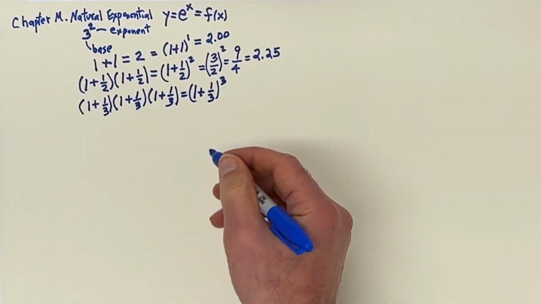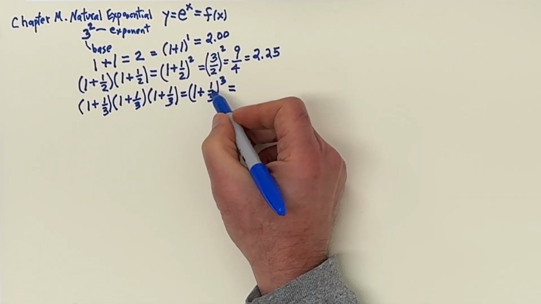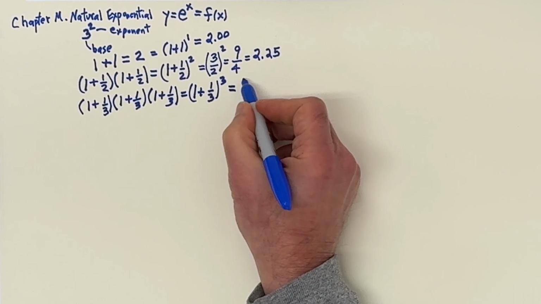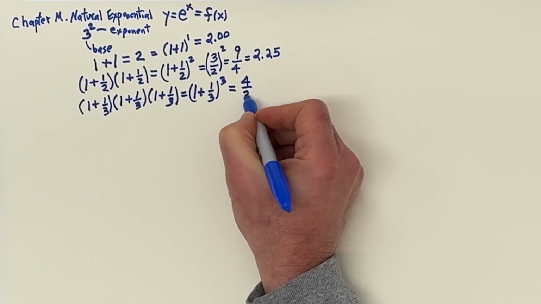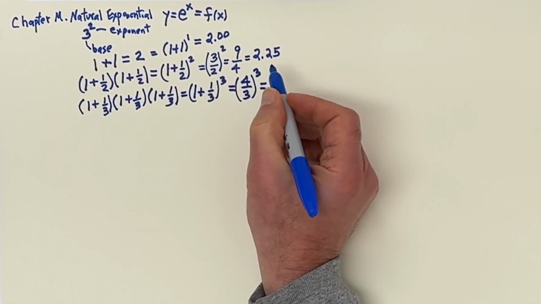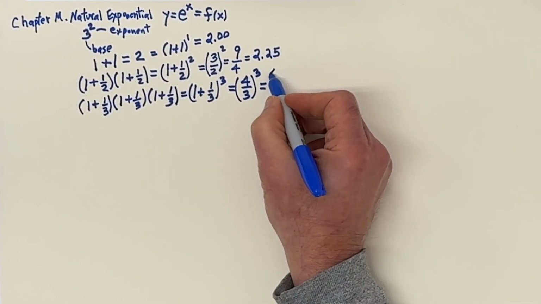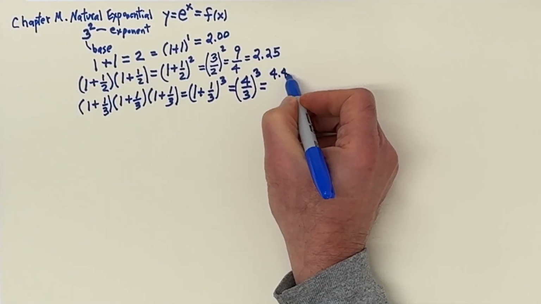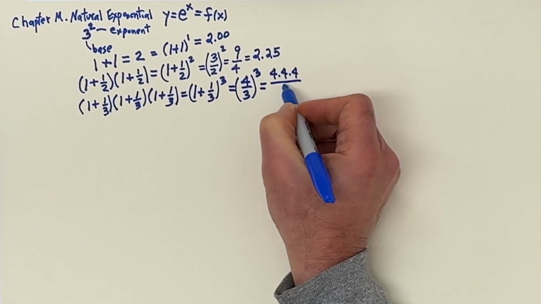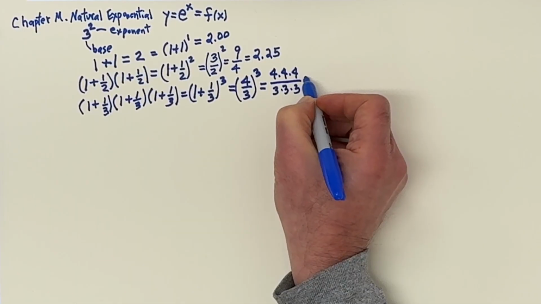We'll do one more here. So this is going to be 4 thirds. 1 and a third is 4 thirds. So 4 thirds. And since we're cubing that, 4 times 4 is 16. And we're going to do it one more time. 3 times 3 is 9. And we'll do it one more time.